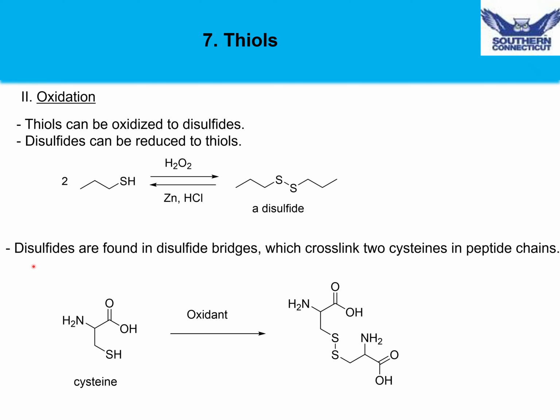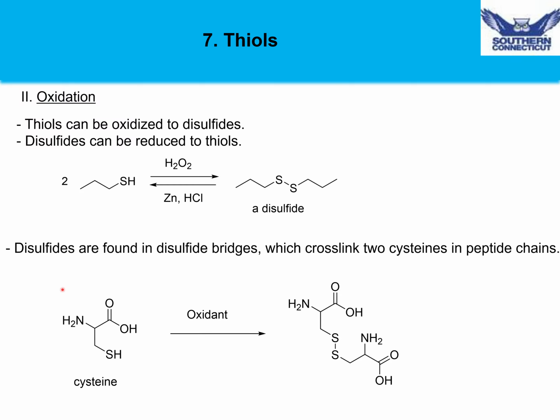This is an important reaction, both the forward and backward reaction, in the chemistry of peptides. Disulfides make up disulfide bridges, which are cross links between cysteine amino acids in proteins.